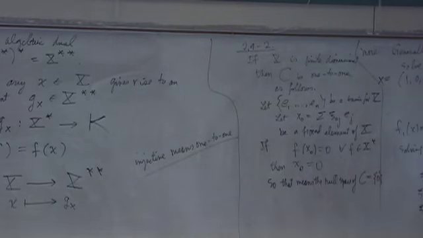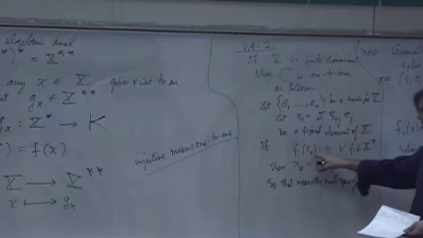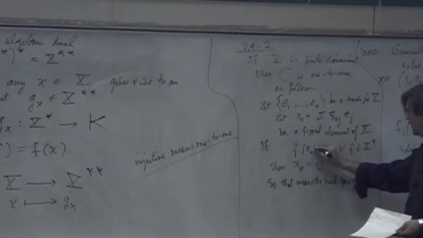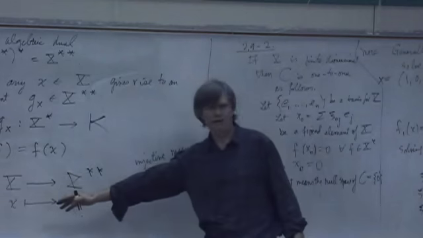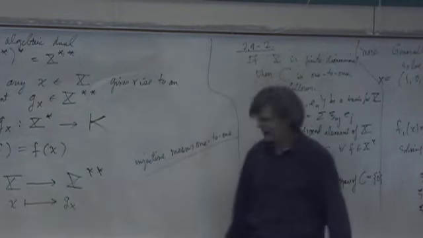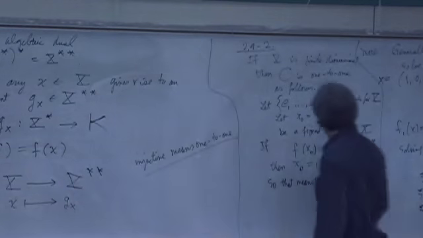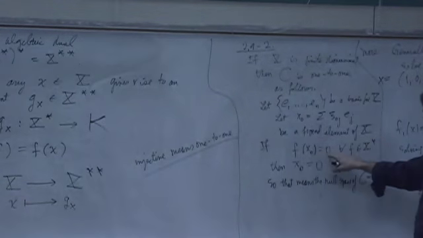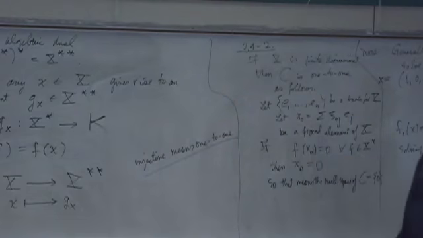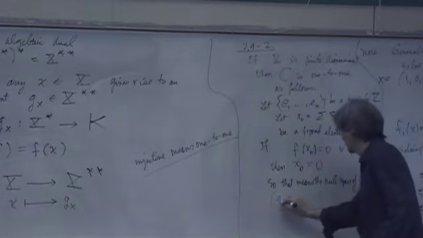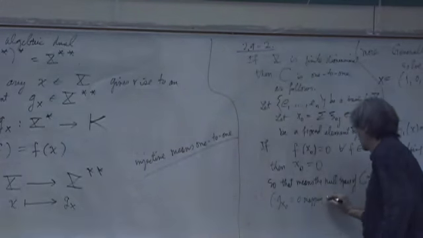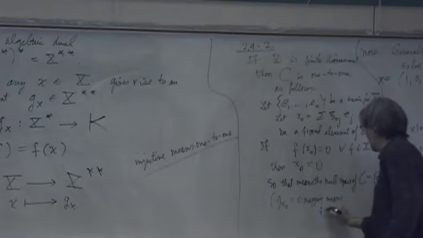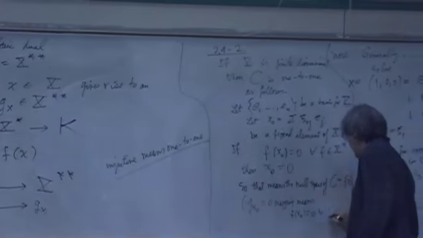In other words, what does it mean for the null space of C to be the 0? It means I set g sub x equal to 0 and I find out what all the x's are. The g sub x being the 0 mapping simply means that f of x0 equals 0 for every f in x star.